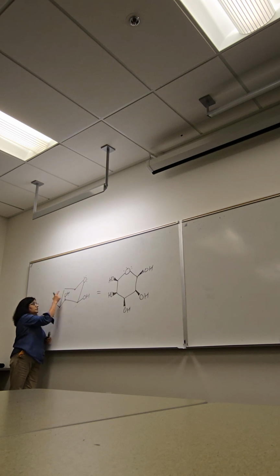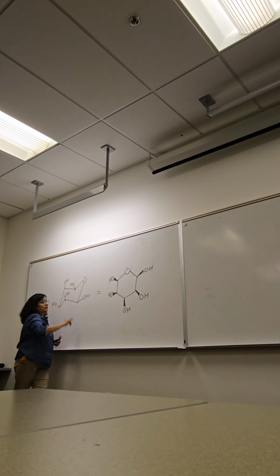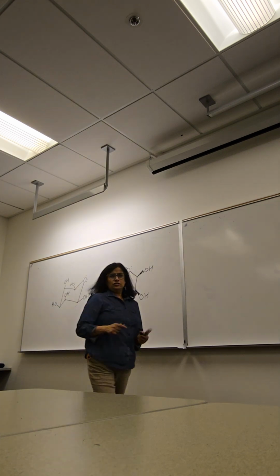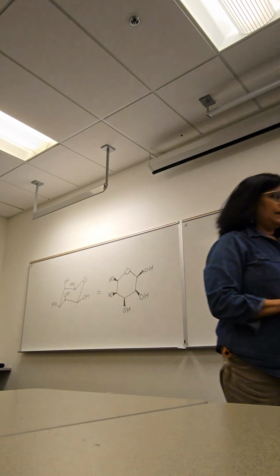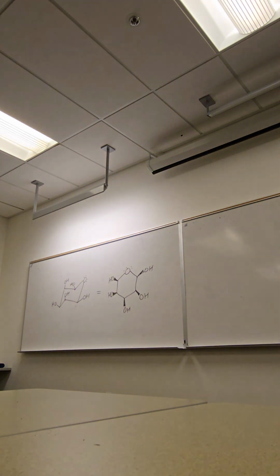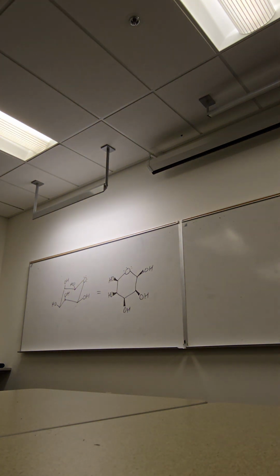Next one? Axial? Next one? Equatorial? Doesn't change, it's the same thing. Guys, do we all understand? Everybody okay? Yes? I think, let me confirm, I think this is the end of chapter 4. Yeah. Any questions for me?